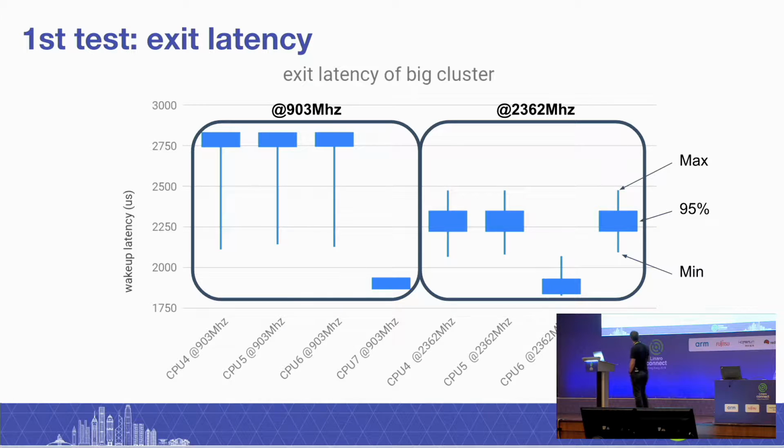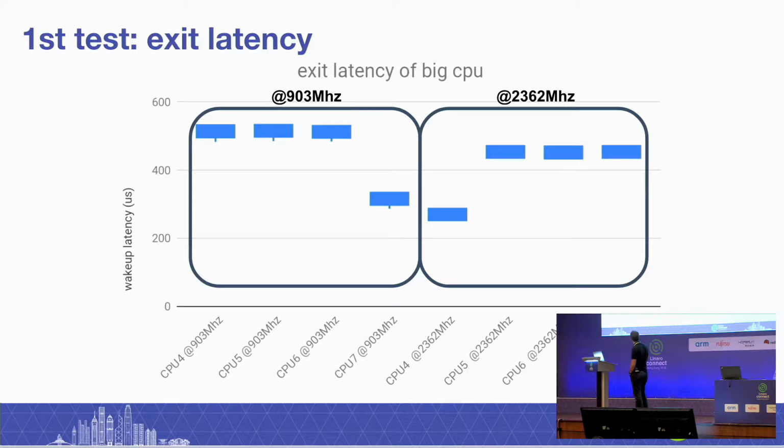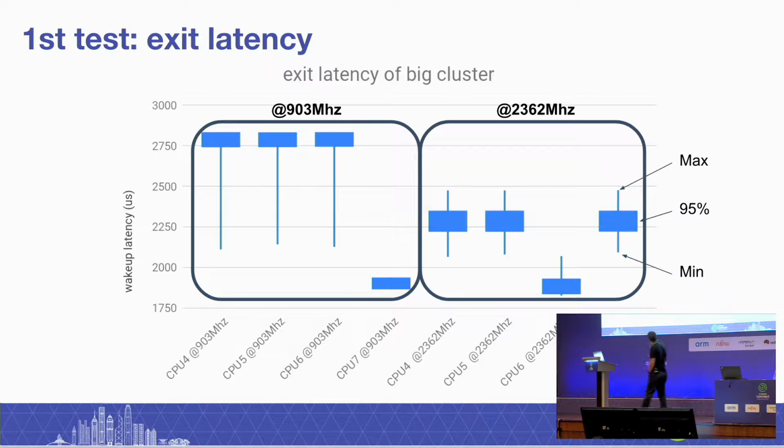So the first interesting thing to see is that one CPU always wakes up faster than the others. From one test to another, the CPU can be different, but you always have one that wakes up faster. Most probably because it's the first one that gets one critical resource at the beginning, and the others are just waiting for the end of this part.